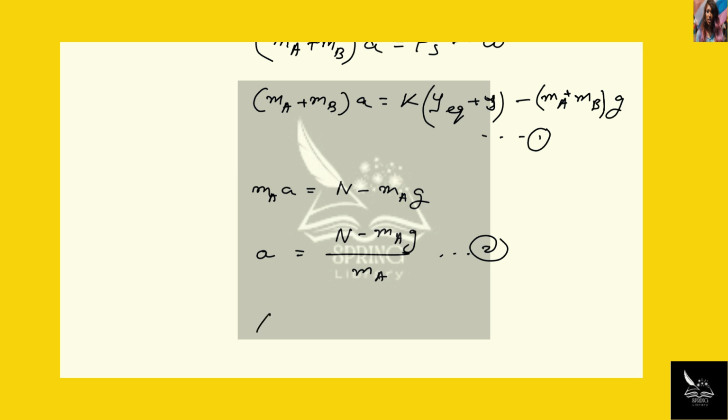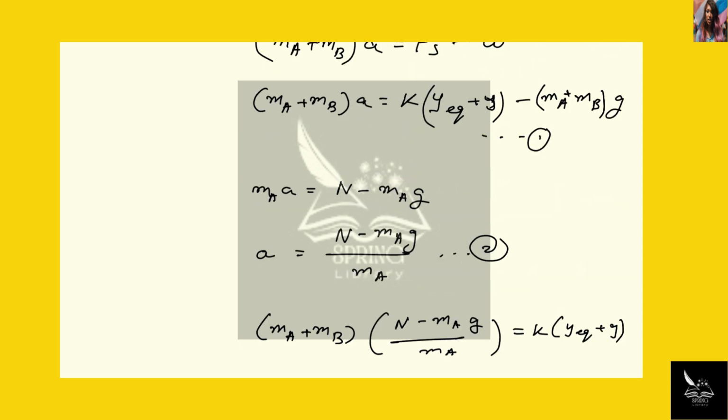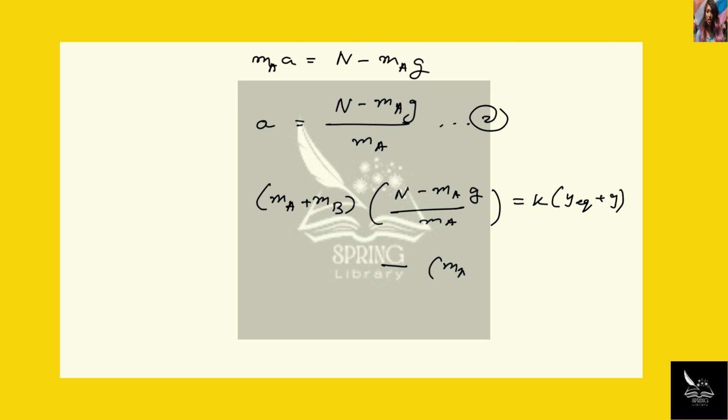So here you have (Ma + Mb) times (N minus Ma g) by Ma, equal to K times (y equilibrium plus y), minus (Ma + Mb) times g. And here y will be equal to minus D, and the normal reaction N equal to 0.